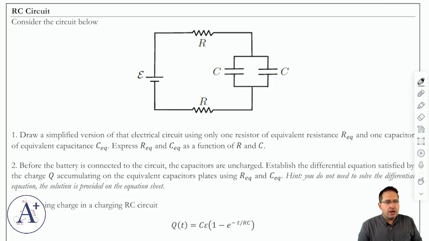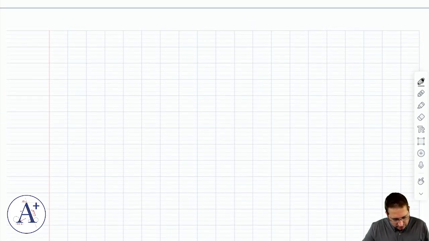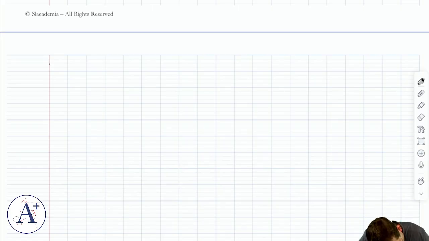Okay. Now an RC circuit is a really interesting circuit. It's kind of the first, a bit more complicated circuit that we can encounter. I'm going to do a quick recap here. I'm not going to go into all the details. That's all covered in the lecture notes online if you need.